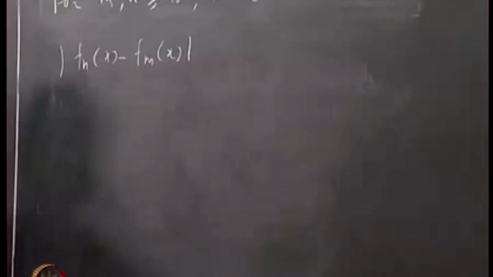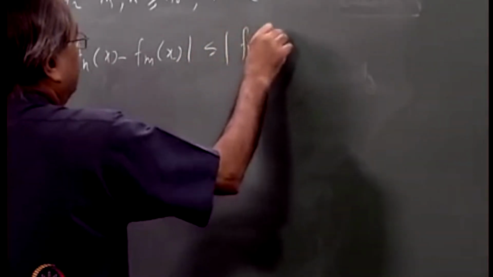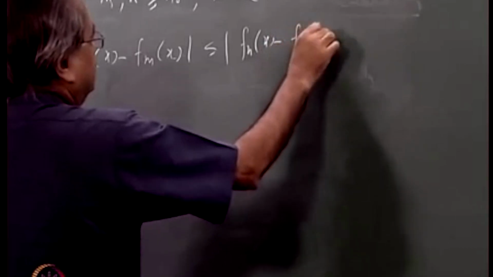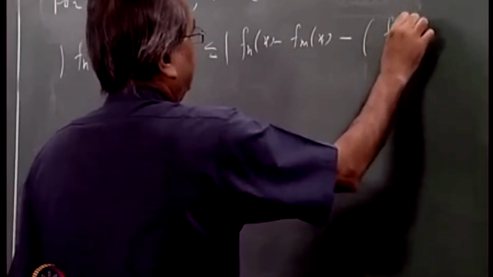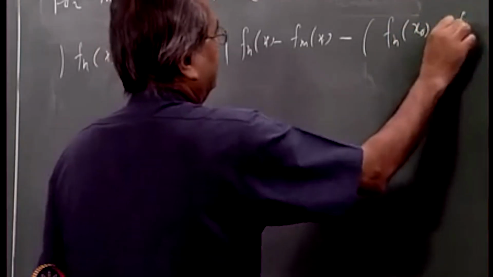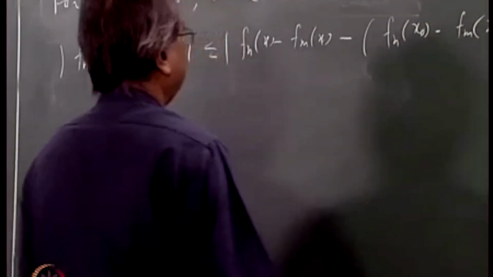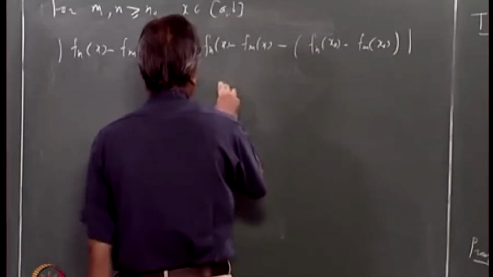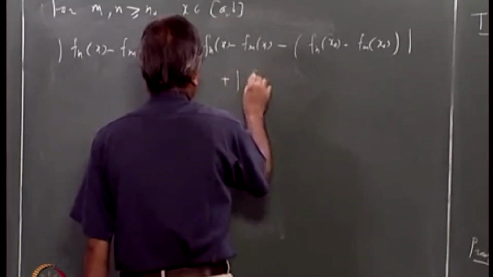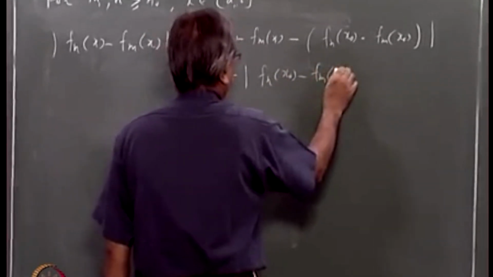So this is less than or equal to mod of fnx minus fmx minus fn at x naught minus fm at x naught, plus mod fn at x naught minus fm at x naught.